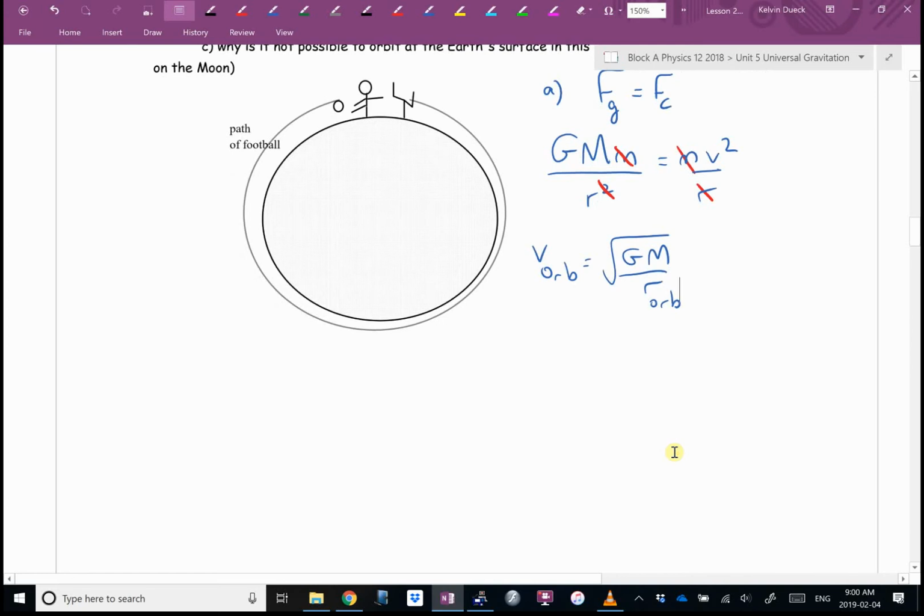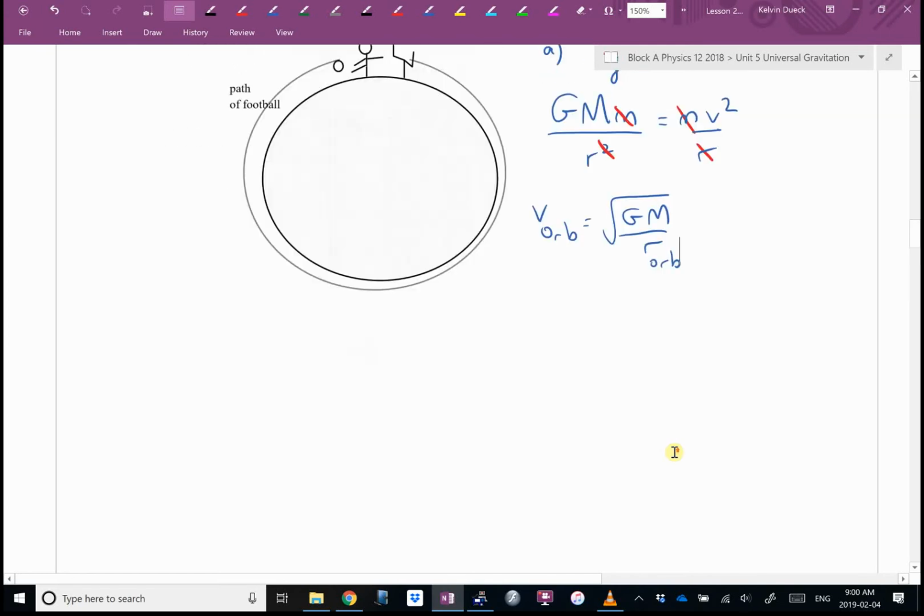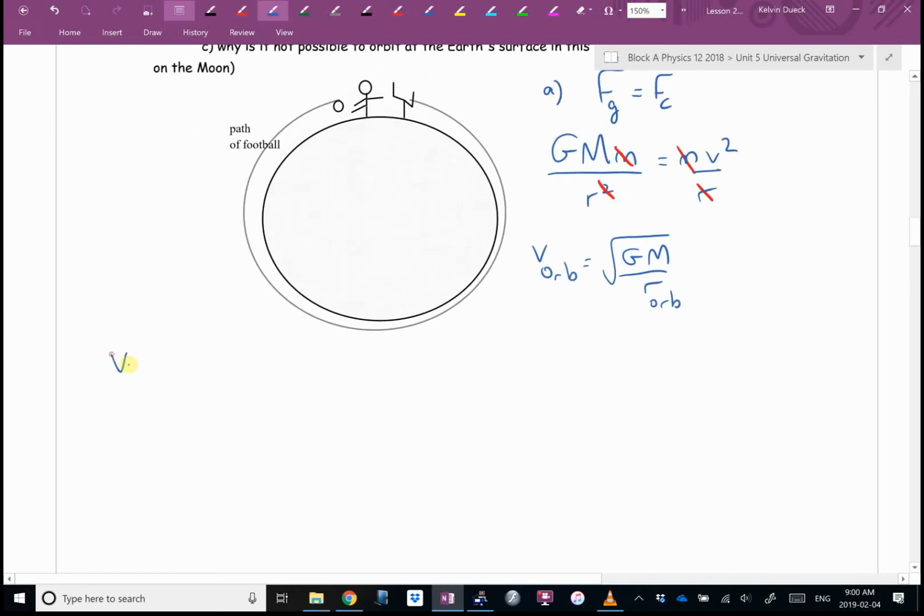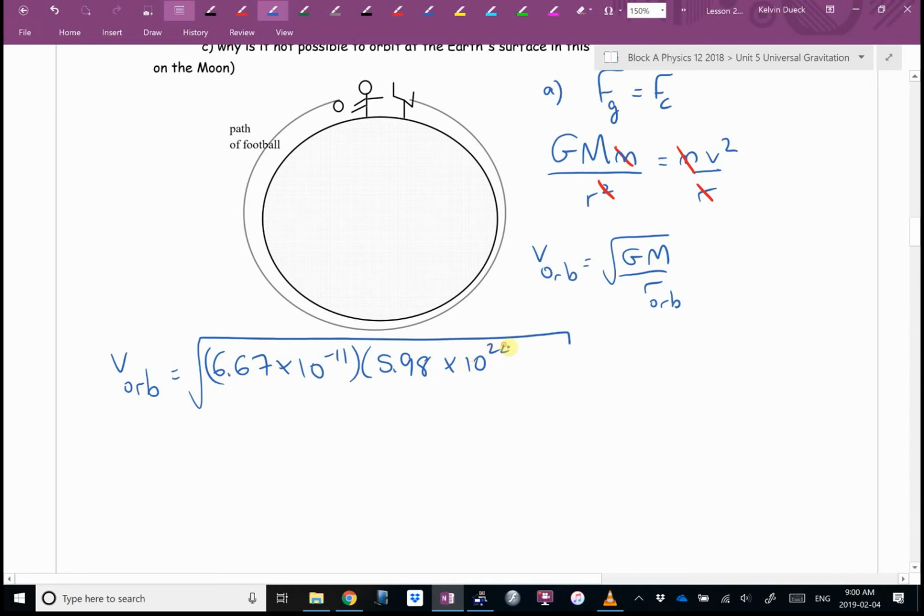Okay, so I'm going to get V orb equals the square root of 6.67 times 10 to the negative 11, 5.98 times 10 to the 24th, 6.38 times 10 to the 6th.